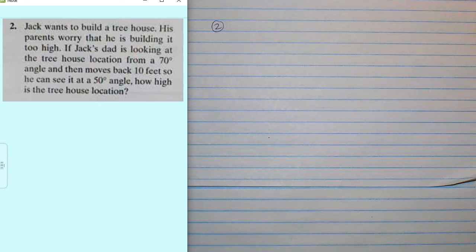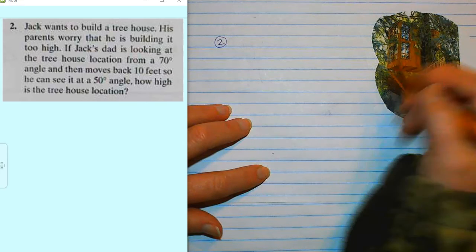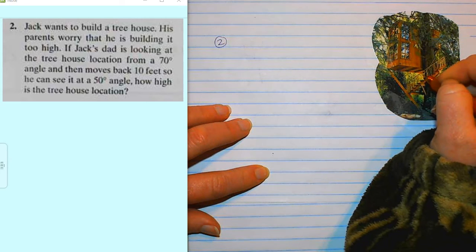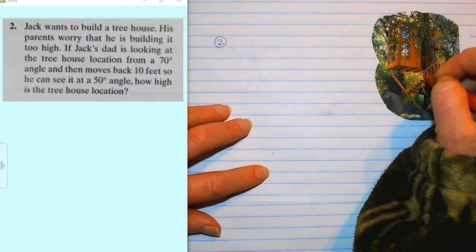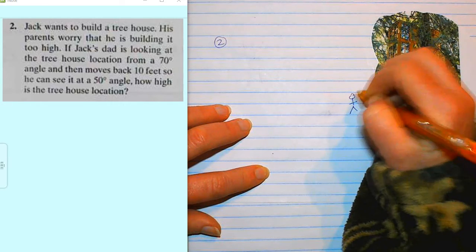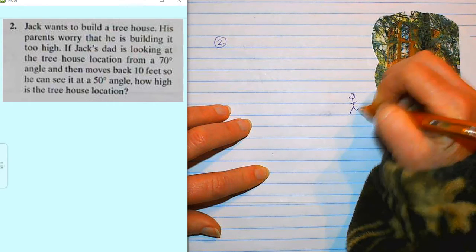So first we need a treehouse. And then Jack's dad is looking at a 70-degree angle, so he's pretty close because he's looking up. So dad, he's looking up at a 70-degree angle. I'm going to make the angle just from the ground though, because that makes more sense.